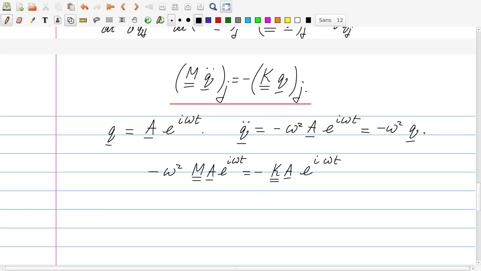We then arrive at this form: minus omega squared matrix M times vector A times e to the power i omega t is minus matrix K times vector A times e to the power i omega t, and I can just cross this one out because it occurs on the left and on the right hand side, and what we are left with is again a generalized eigenvalue problem.